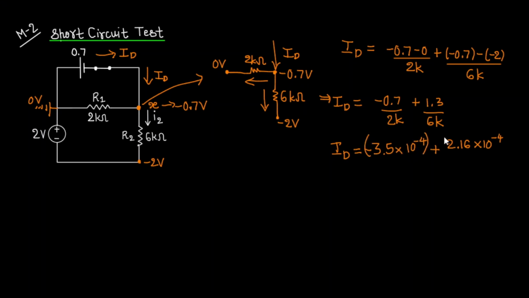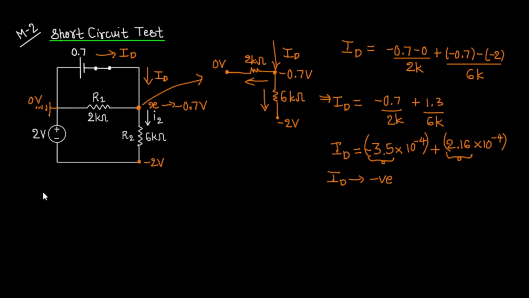Now the exact magnitude of this current is not of much use to us because we can clearly see when minus 3.5 is added with the 2.16, the ID current is clearly negative. That means the current flowing from the anode to the cathode of the diode is negative. That means we have failed the short circuit test.